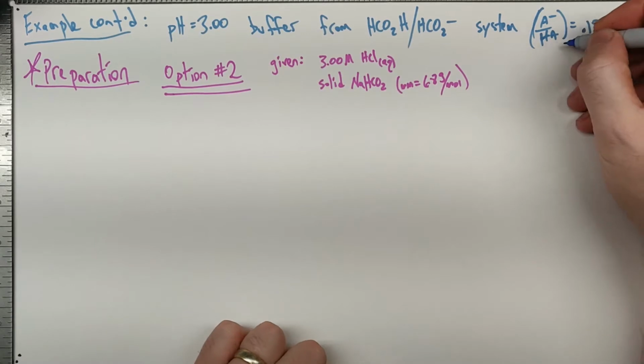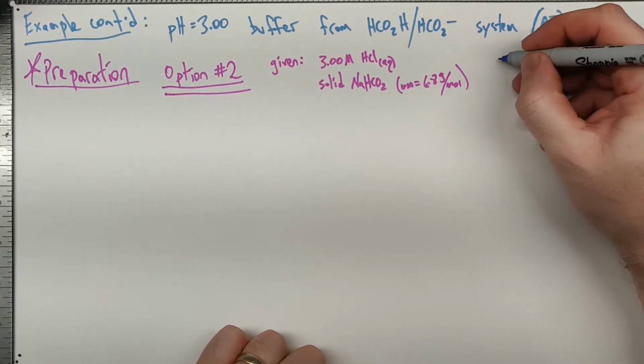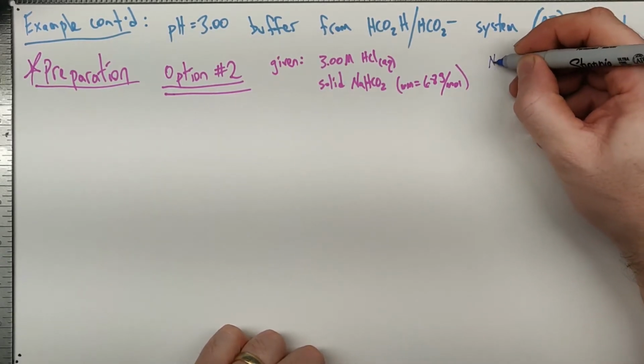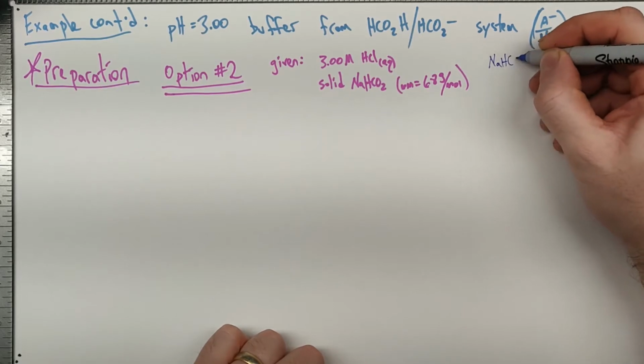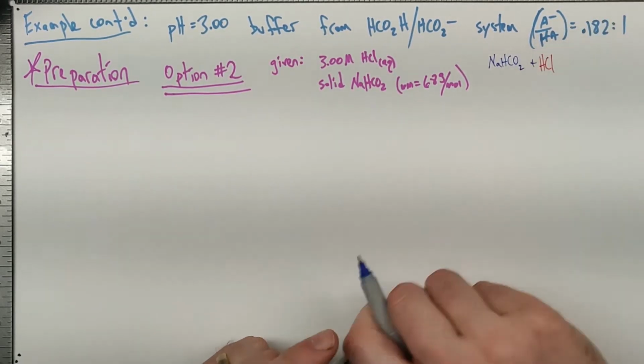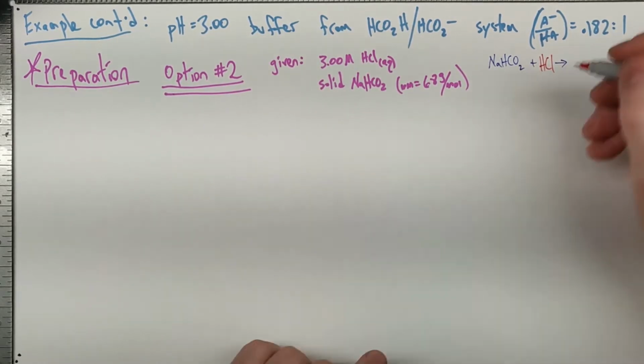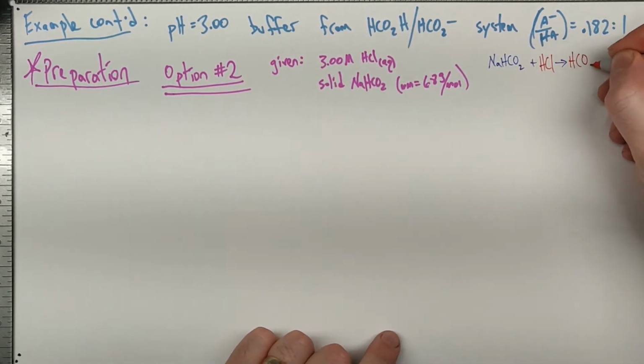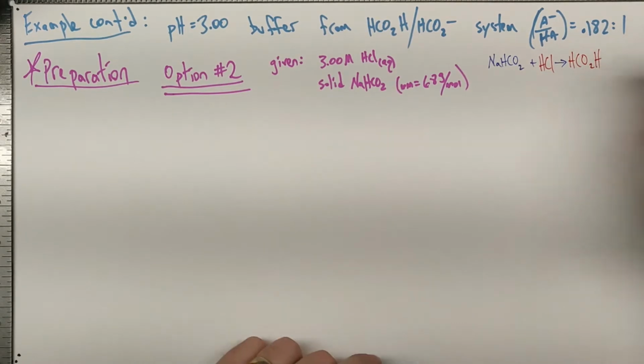So let's try this. I'll write this and then I'll write it simplified like a net ionic equation. We're starting out with NaHCO2 plus our HCl, and that's giving us HCO2H plus NaCl.